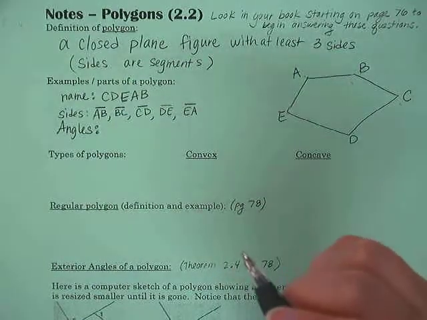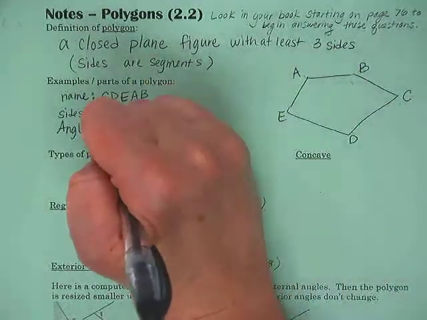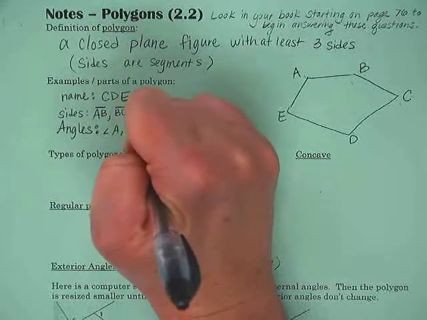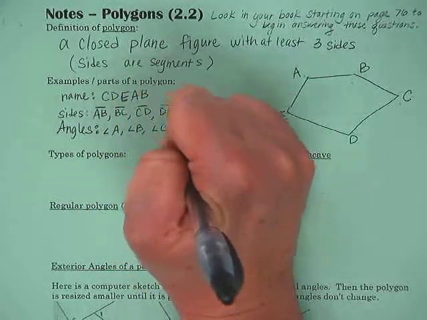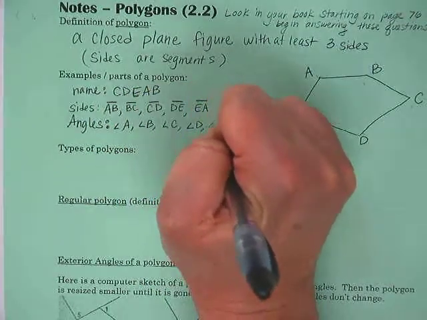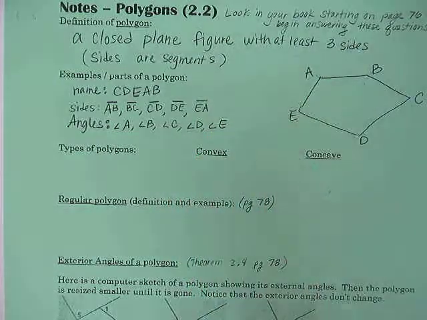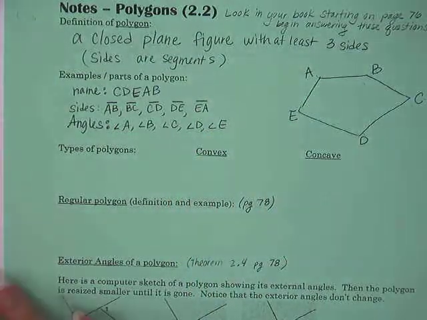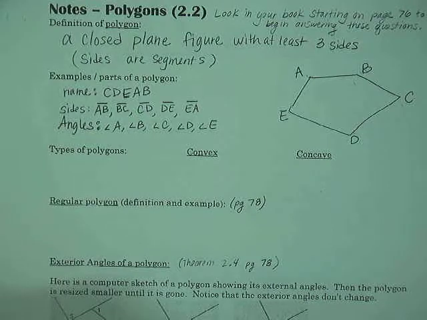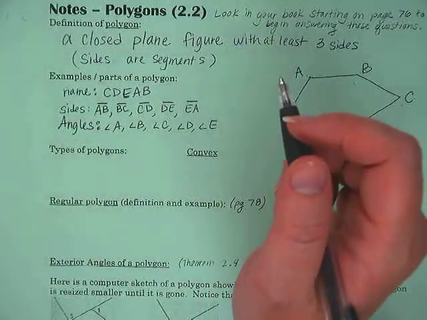Okay, angles. This should be pretty easy. What are the angles named? We can just name them angle A, angle B, angle C, angle D, and last but not least, angle E. What are other ways we could name those angles if we really wanted to?